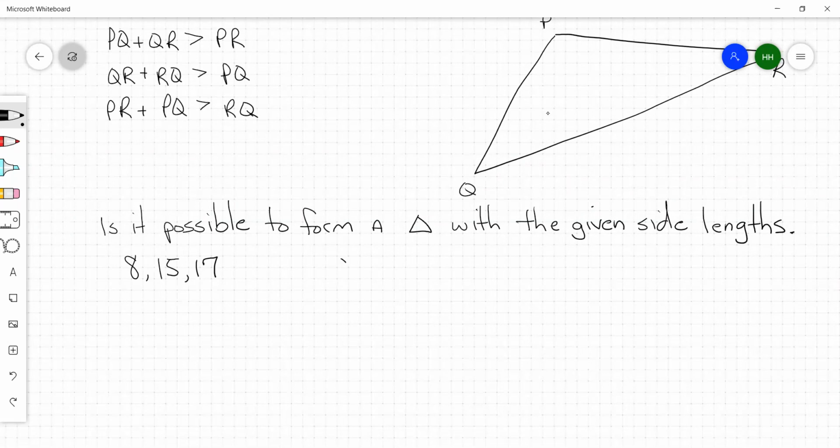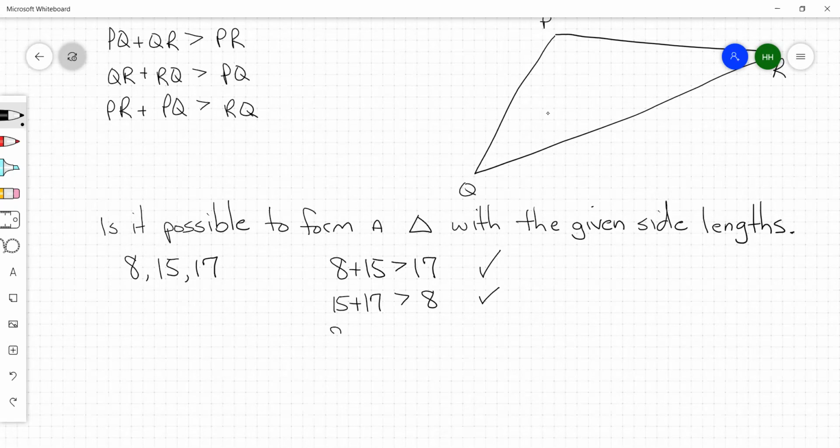Well, you ask yourself, is 8 plus 15 greater than 17? Yes, it is. 23 is greater than 17. So then you check your next two sides. Is 15 plus 17 greater than 8? 15 and 17, that's about 32, and that's greater than 8.